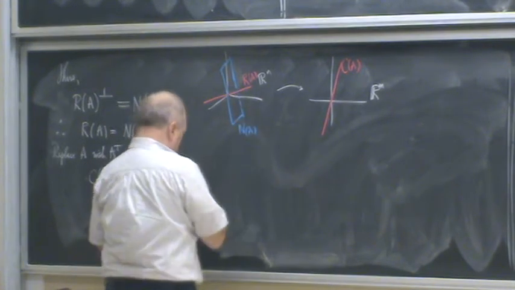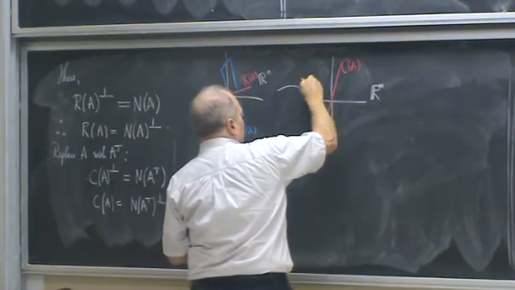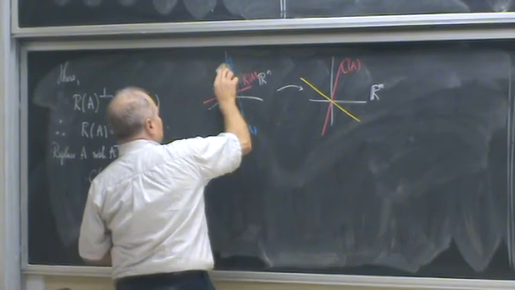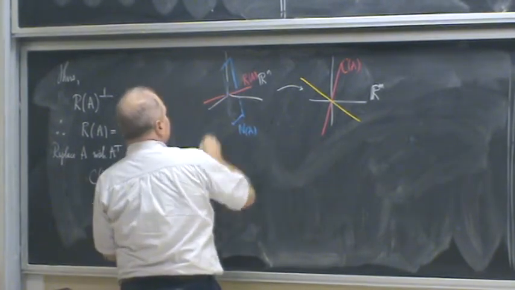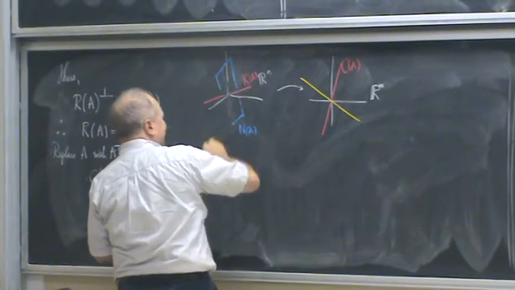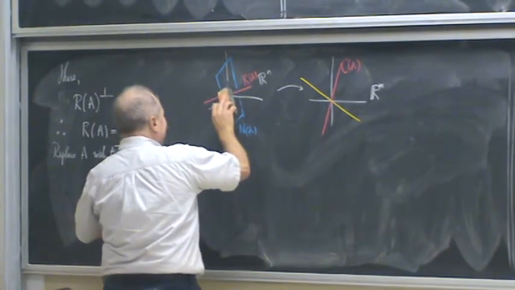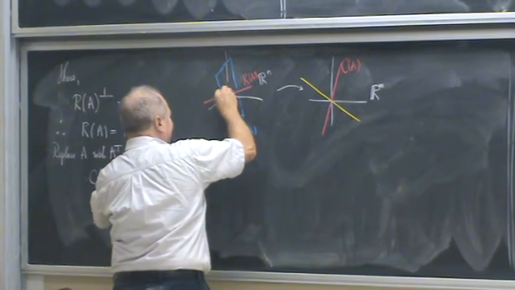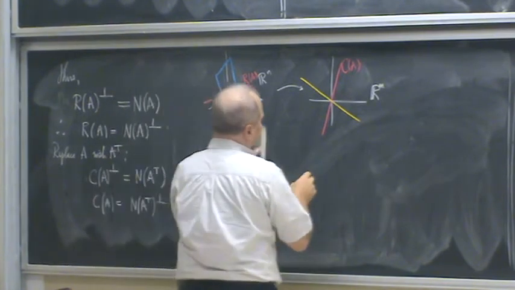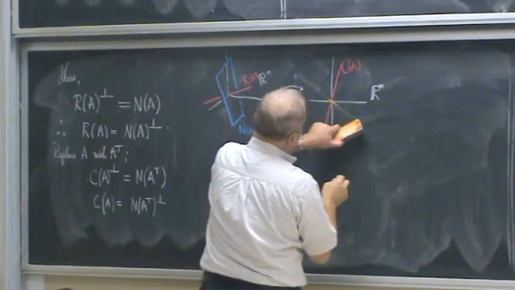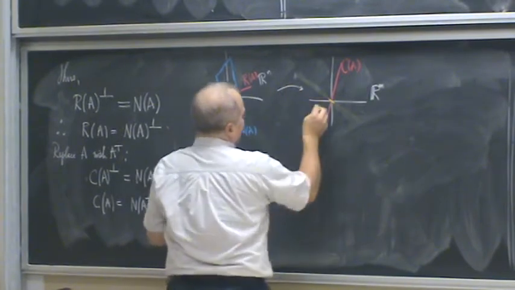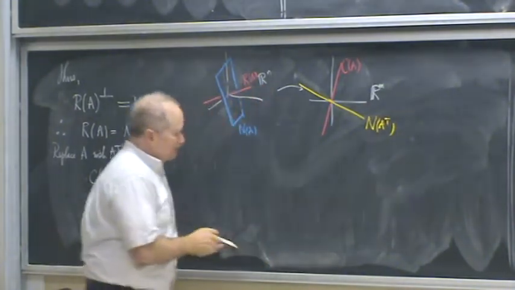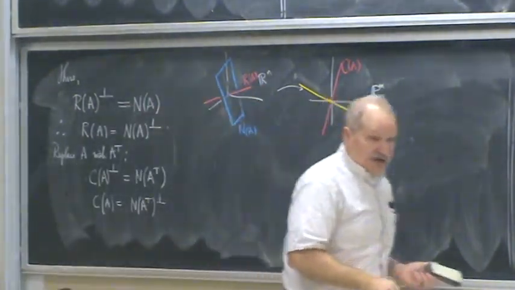And then you've got the perp here, which is the left null space. Those dimensions are not the same. And those dimensions are not the same.